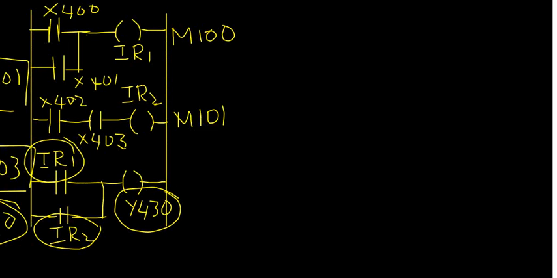Okay, so now we can quickly write the instructions for this as a part of a revision, right? Again, it is very simple. Probably all of you should be able to write the instructions on your own. The first instruction happens to be LD X400, as everyone can understand here.